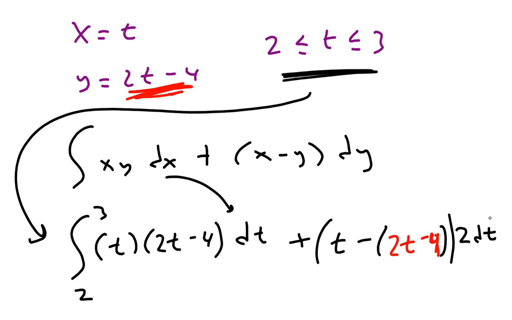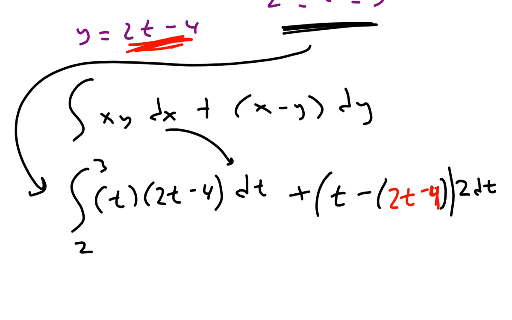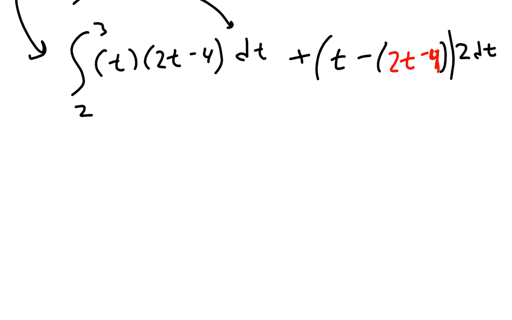Okay. So this isn't too bad. We just have to go slowly and be careful with all our distributing and exponents. This is where mistakes are easy to make. So if I distribute here, I get 2t squared minus 4t. And plus over here, I've got a 2 I can distribute, plus a negative, so let's be a little careful.